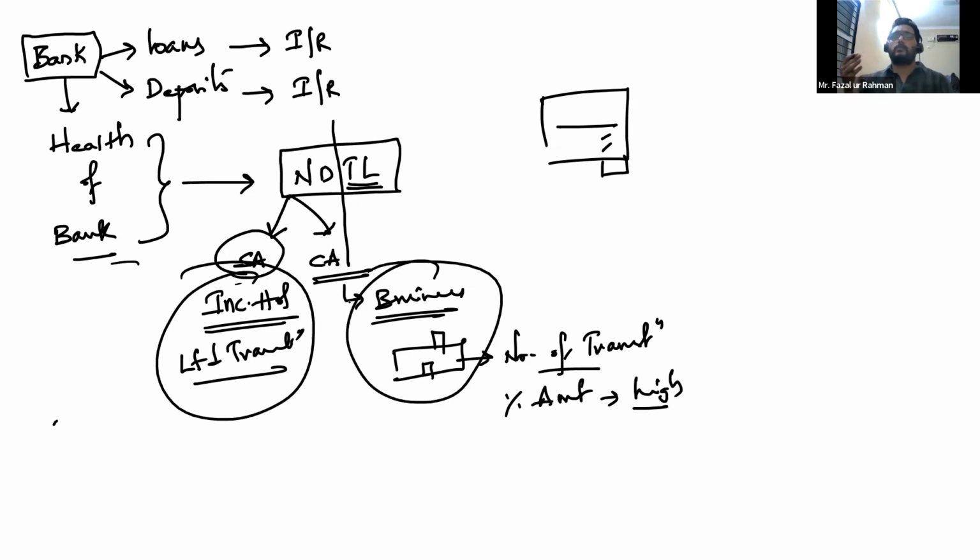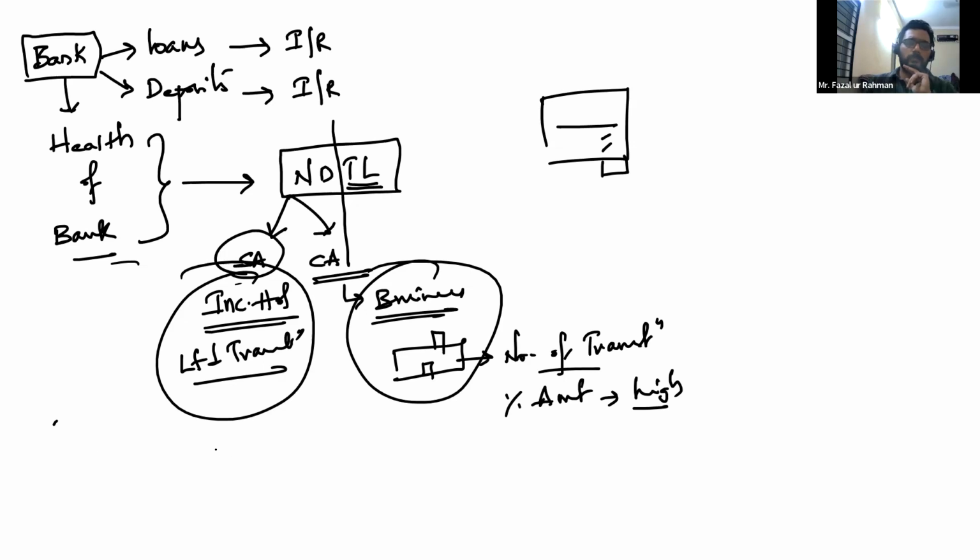Number of transactions are more in a current account. Number of transactions are very, very less in the savings account. In a business account, number of transactions and amount transfer are more, and you have many options. For an income holder's savings account, it is very limited options.